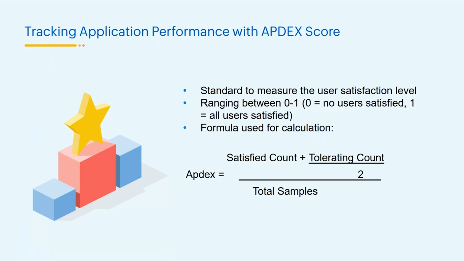So, based on the total samples that are collected, the AppDex score is calculated as the sum of the satisfied plus half of the tolerating count over the total samples that are collected during the transaction. So by having this AppDex score, we can identify at a glance whether our users are satisfied, tolerating, or whether they are very frustrated with the application.